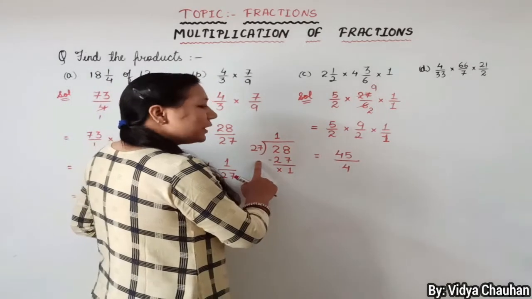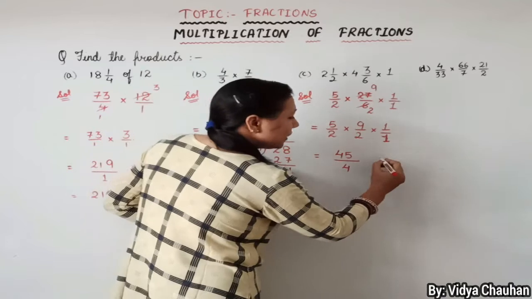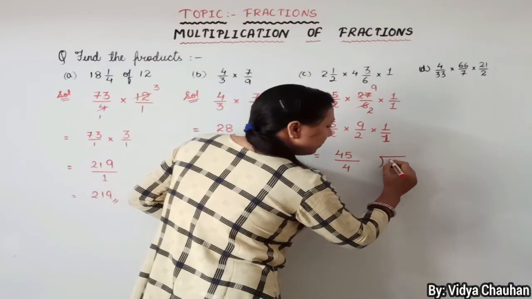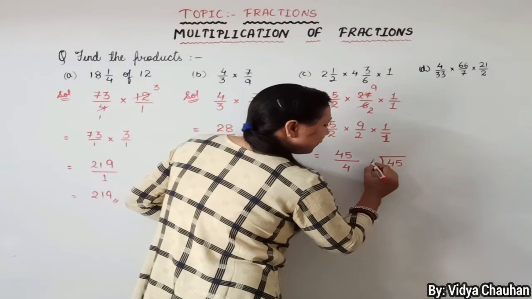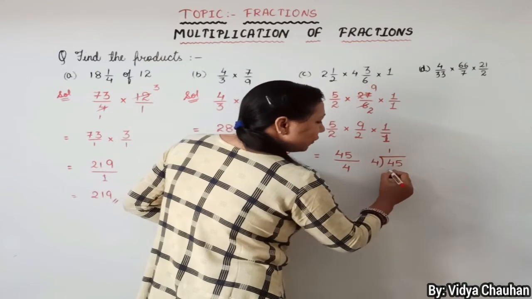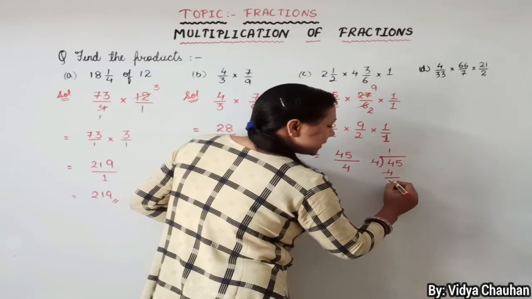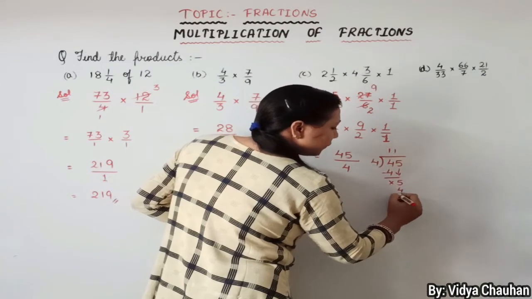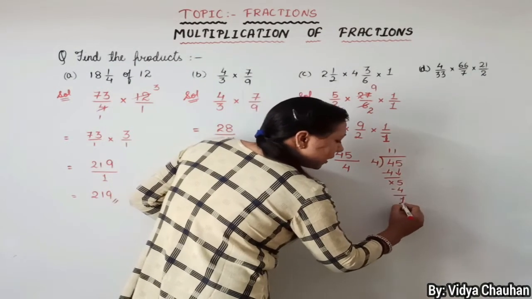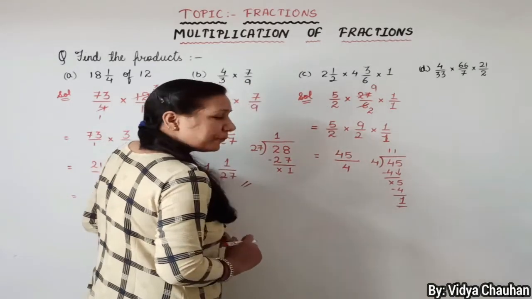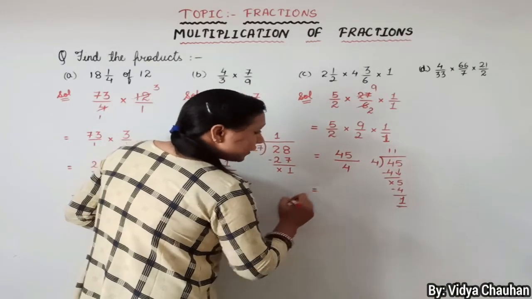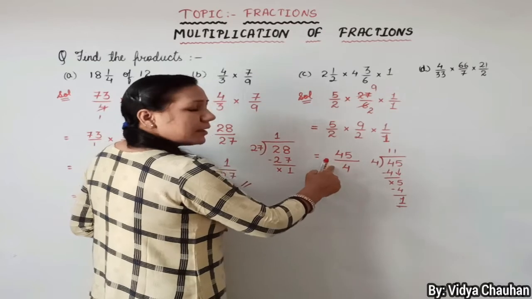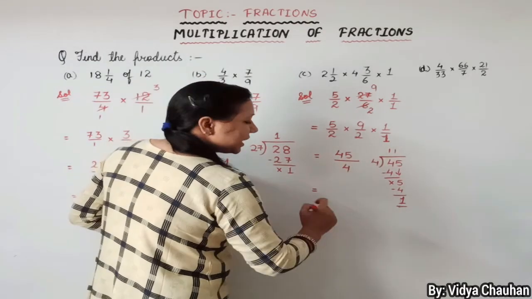So what we will do, just like our previous solution, we will convert this into a mixed fraction. So 45 divided by 4, 4 1s are 4, subtracted here, 5 will come down, 4 1s are 4, the remainder comes out as 1. Clear? Now let's write this improper fraction as a mixed fraction.